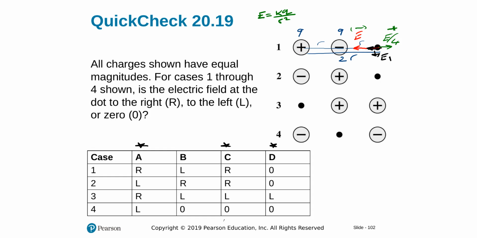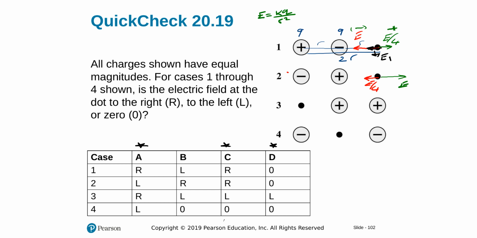Second one. This time negative is farther away, so my negative to the left will be smaller. I'll call this E over 4, twice larger distance. And the positive will be to the right. Why is positive to the right again? Because positive has electric field always away. It will be E now.